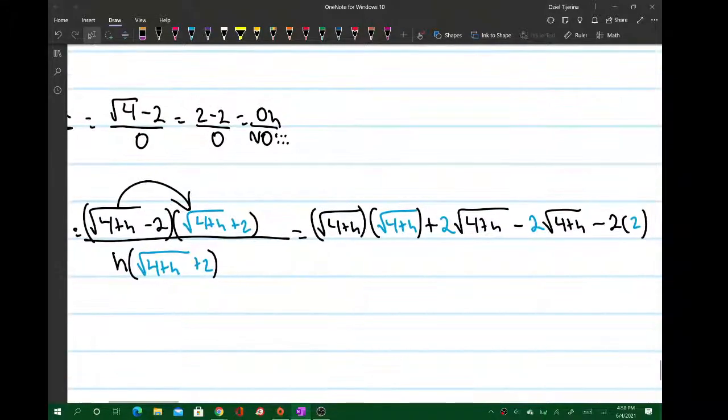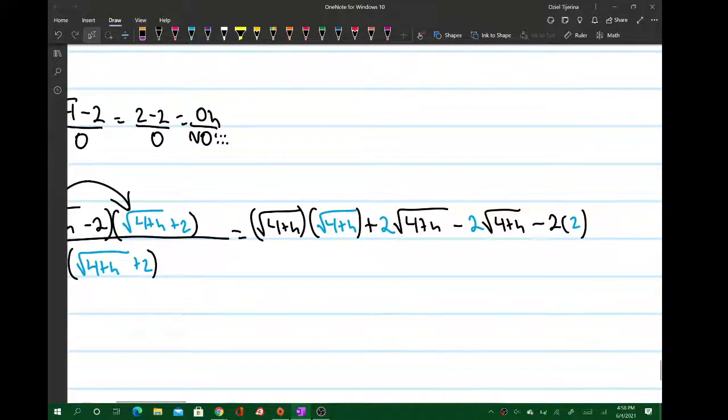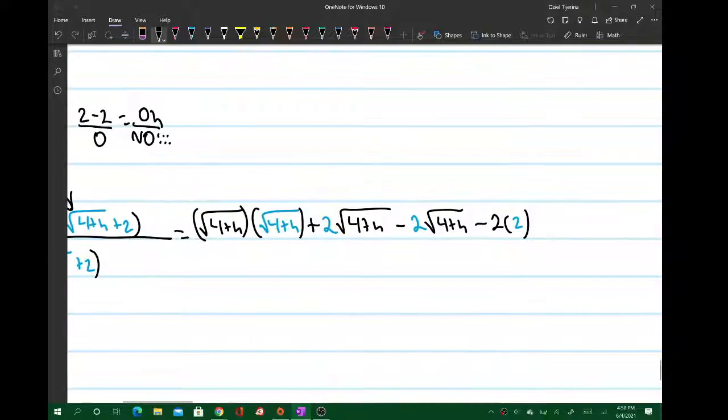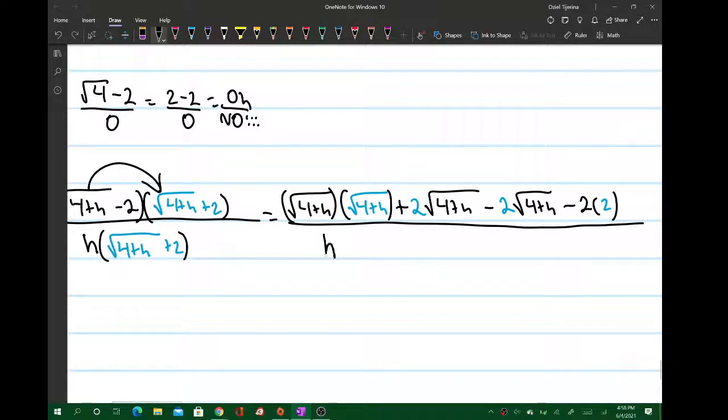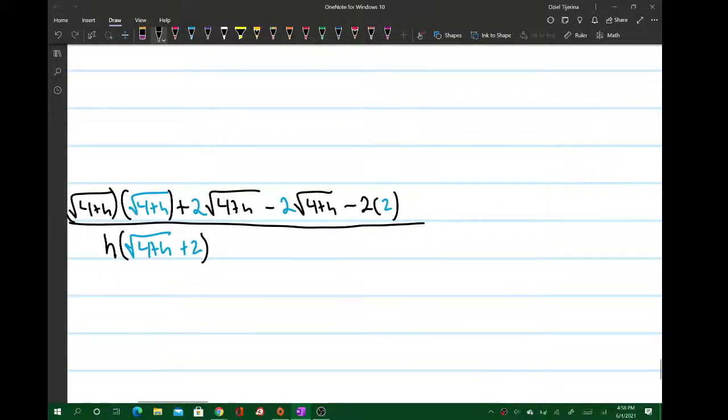And this would be, so you would do all over, and you're going to do h times the square root of 4 plus h plus 2, and then you're going to simplify the top.